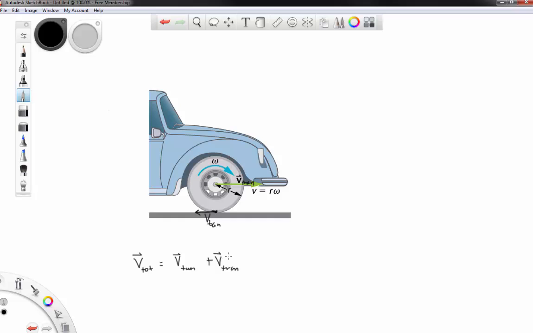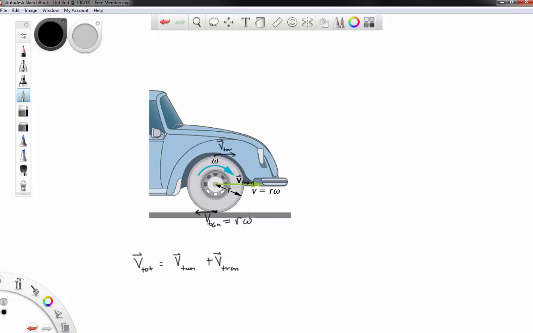So if you happen to be here at the bottom of the car's motion, these two are going in exactly opposite directions, they will tend to subtract from each other entirely. If you're here at the top of the car's motion, then this tangential velocity is actually going in the same way as the translational velocity. And it turns out that, for example, this right here, this tangential velocity has to be r times omega.